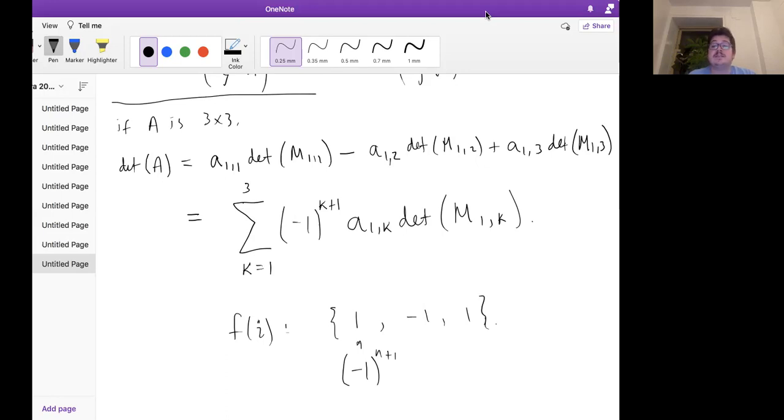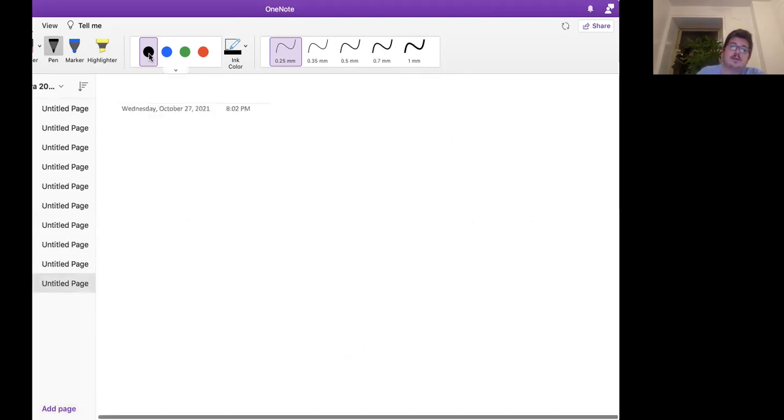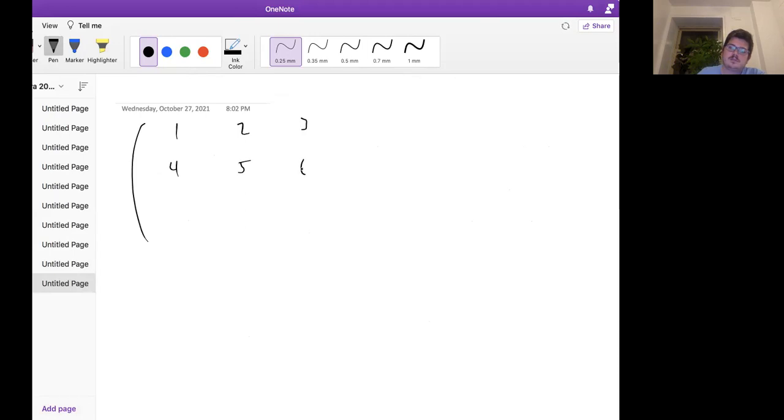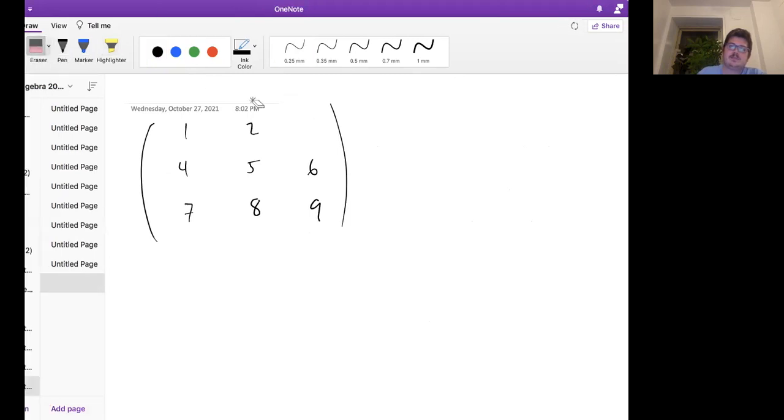Everyone, any questions on that formula? We'll do an example. Okay, so let's do one. Let's just do that one. Let's find the determinant.